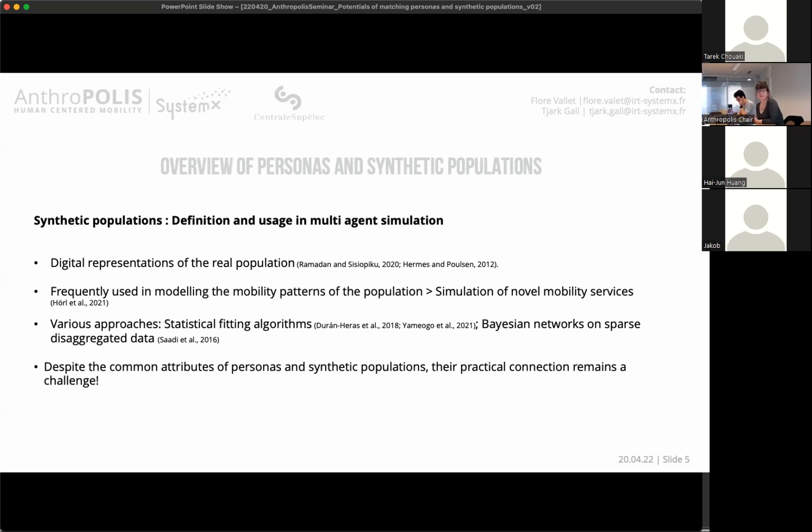We can see there are common attributes between personas and synthetic populations, but they are not really practically connected together, from the literature and from what we see. And we can see there are quite a lot of challenges in doing that.